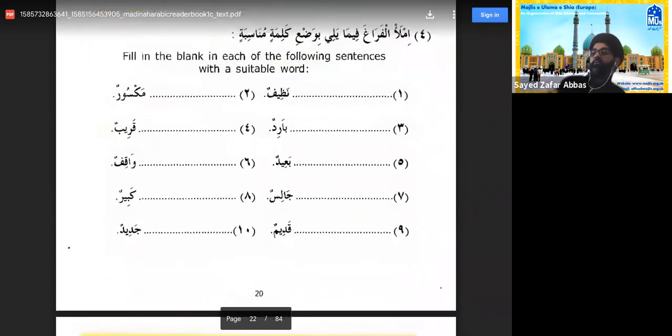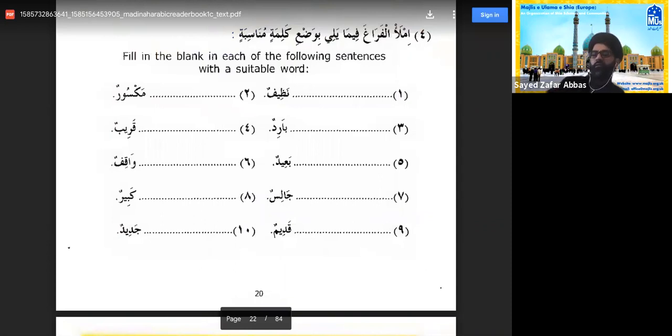This time we've got the descriptive words and we need to put a noun in each of the places. So we have nadif, barid, maksur, qareeb, ba'id, waqif, jalis, kabir, qadim, jadid.